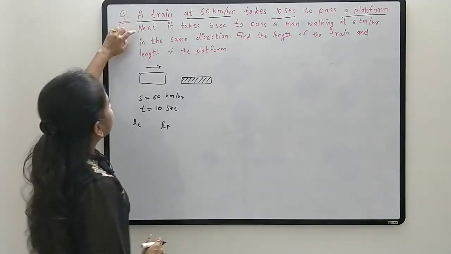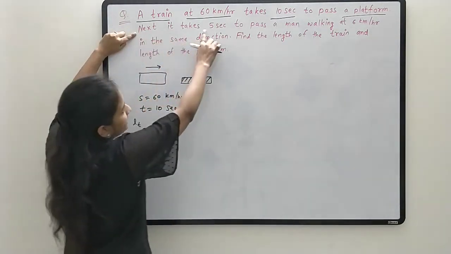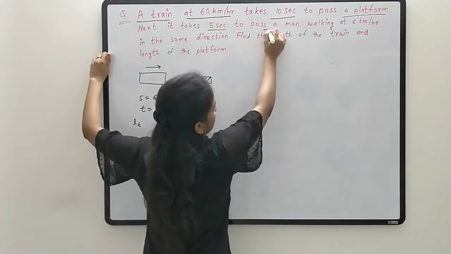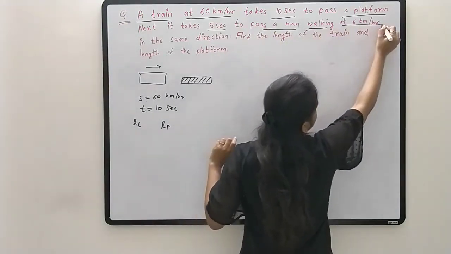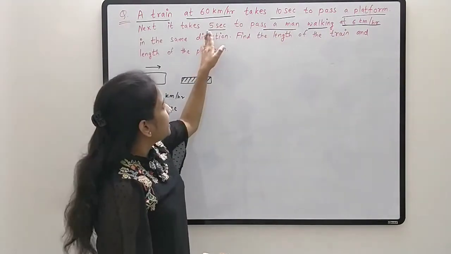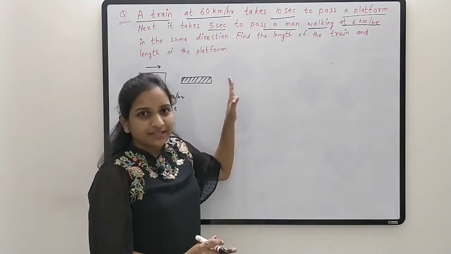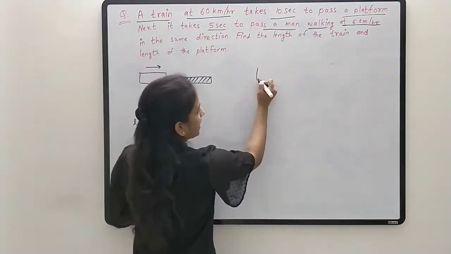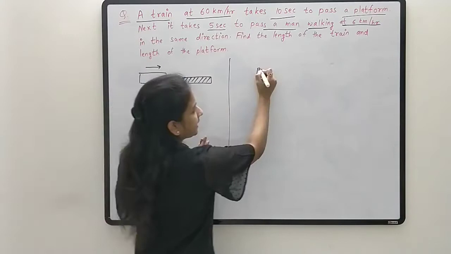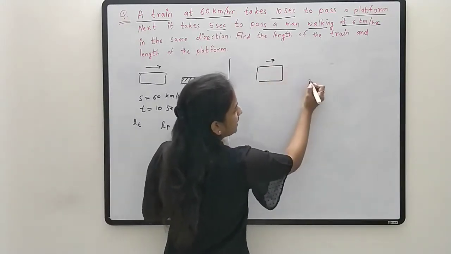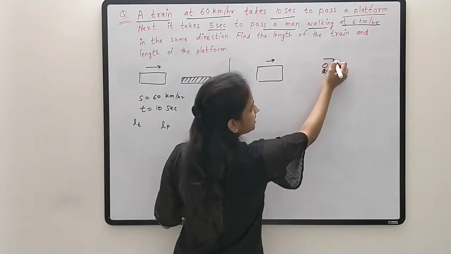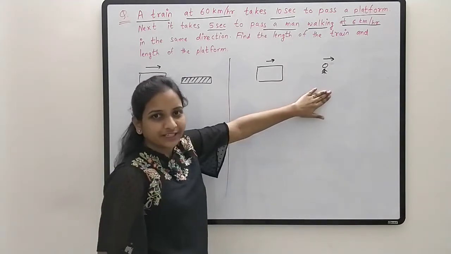Next, it takes 5 seconds to pass a man walking at 6 km per hour. Now, in this case, the man is not stable, he is moving. The first case is done. The second case is the train is moving and there is one man, he is also moving, he is not a stationary object.